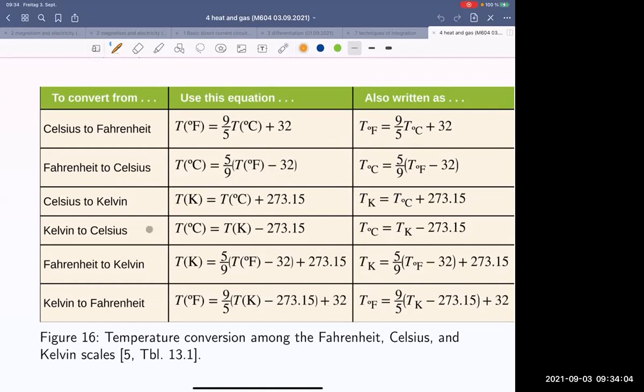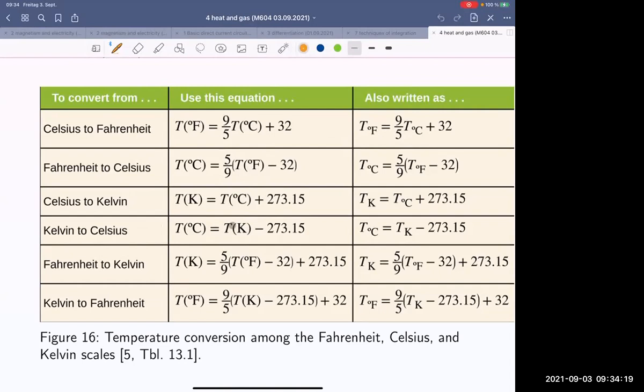Converting Celsius to Kelvin is quite simple: you just add 273.15 to the temperature in Celsius. To convert Kelvin to Celsius, you subtract 273.15 from the temperature in Kelvin.